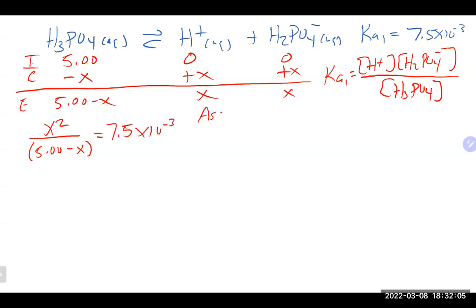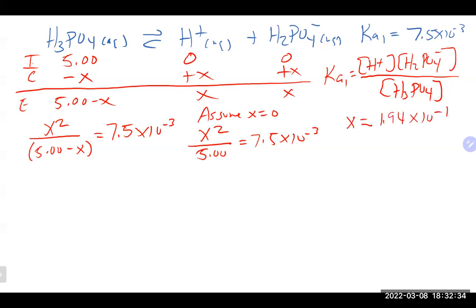I'm going to assume that x is approximately 0 in this case, giving me x squared divided by 5 equal to 7.5 times 10 to the minus 3. Multiplying by the 5 and taking the square root, so 5 times 7.5 times 10 to the minus 3, and doing a little square root action there, that's going to give you an x that is 1.94 times 10 to the minus 1.